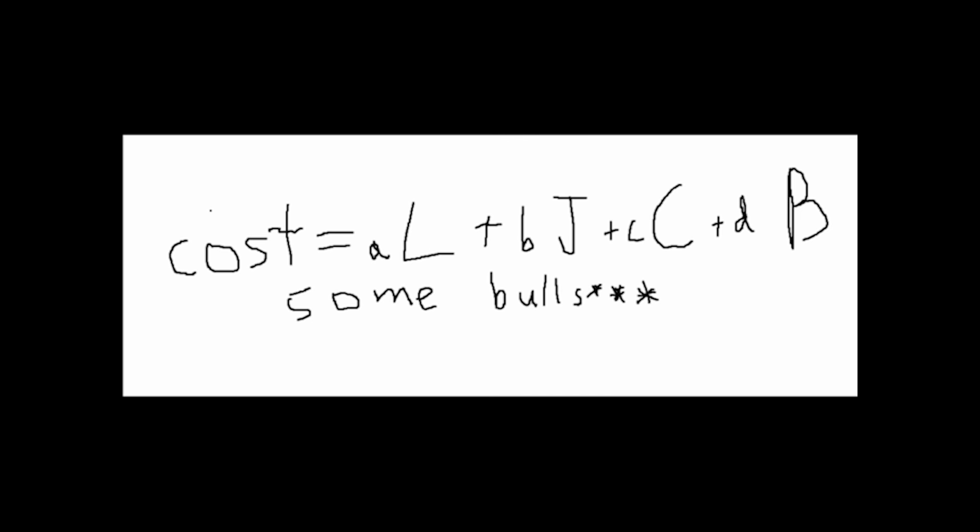Some constant times C, which we can give to construction costs or maintenance, and then some constant B, which is going to be like feasibility, like buildings, which is why I said B.